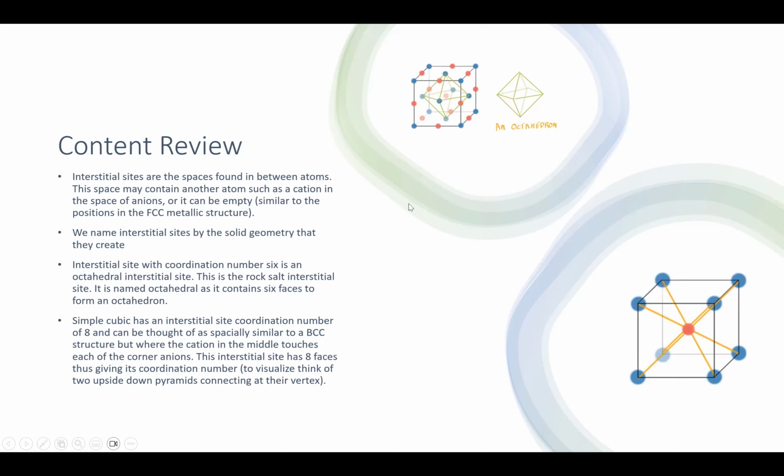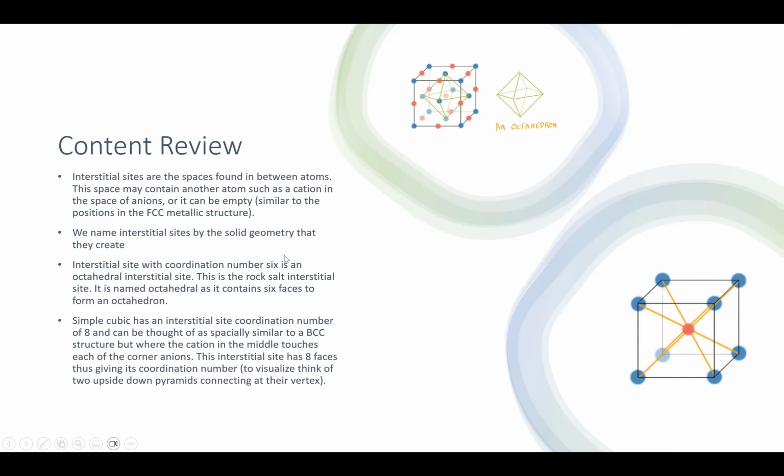We name interstitial sites by the solid geometry that they create. So if you think of when this was empty, there'd be a hole here. But since we did add something, now we have these shapes that are made.